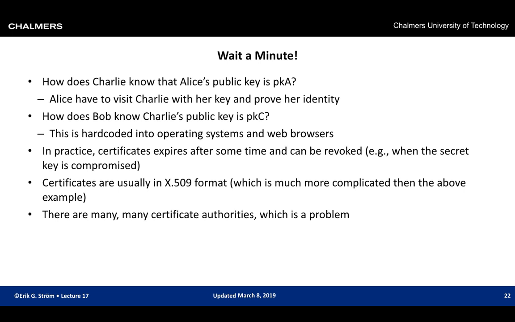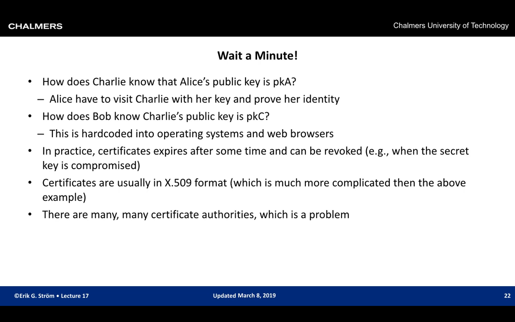Can you please write me a certificate for this? Right? It's almost like you go to a public notary, right? And you would like to get your documents somehow certified. Okay. So Alice needs to go there with her ID or whatever, right, to do this.